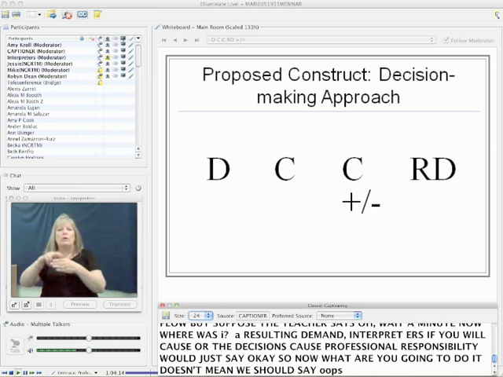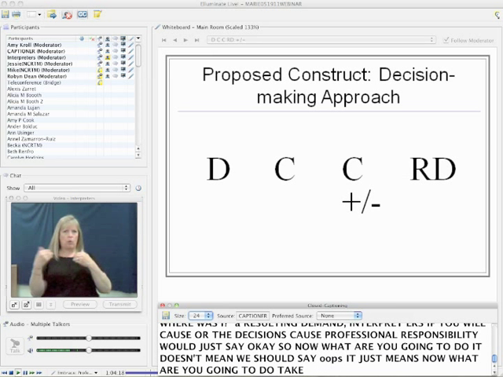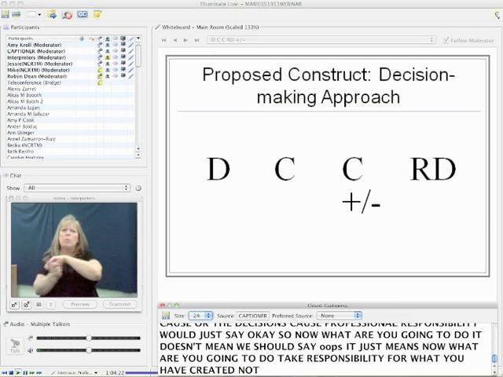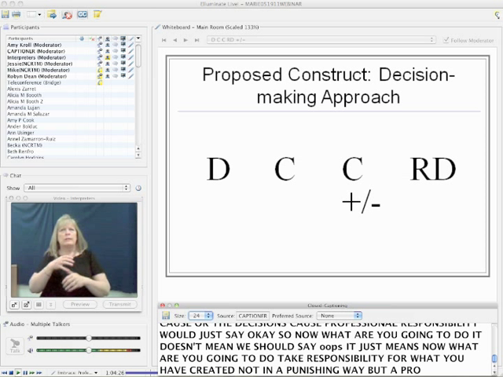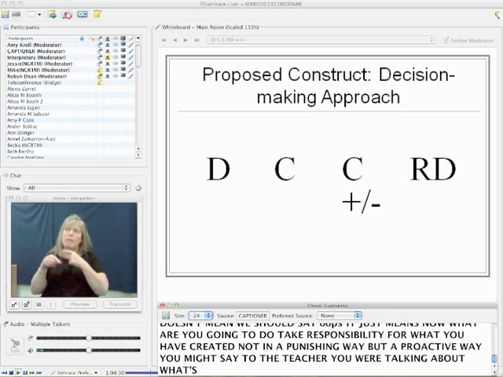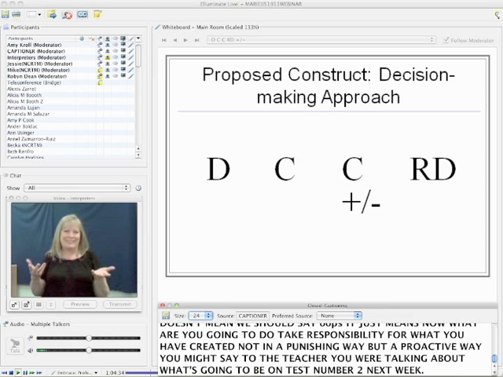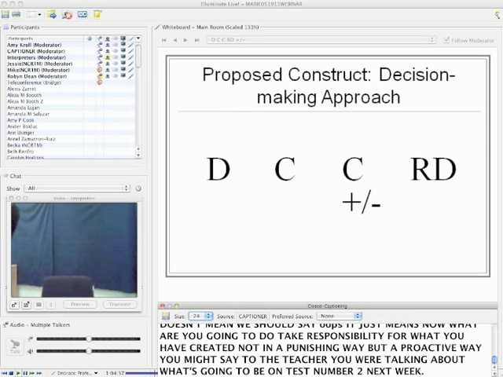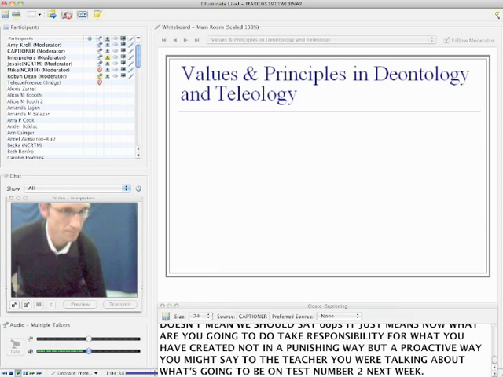Take responsibility for what you've created, not in sort of a punishment way, but in a proactive, empowered way. You might even say to the teacher, you were talking about what's going to be on test number 2 next week. We'll spend time on that.